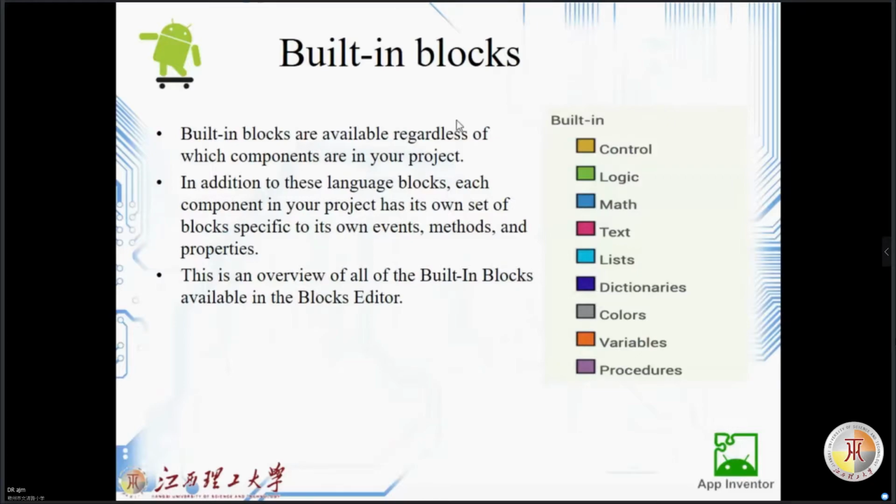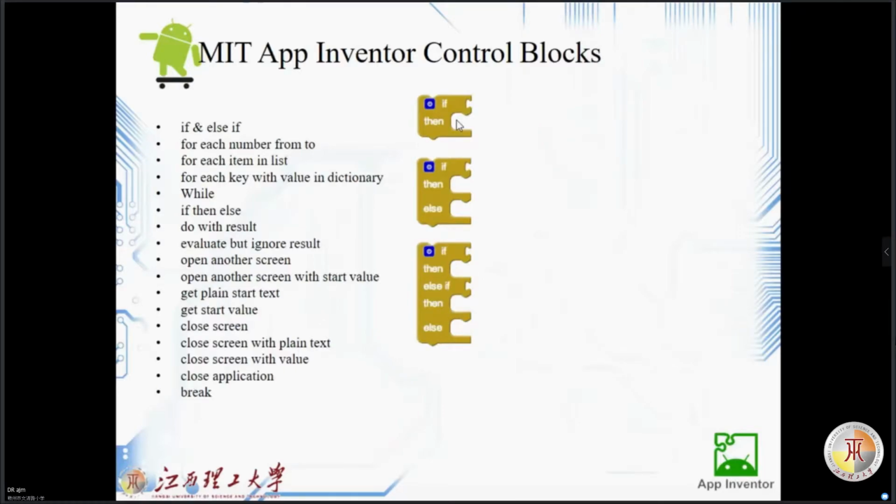This is a very fast overview; I will try not to put much more text here. For the control blocks, we have if, for, while, do, close a screen with plain text, close a screen with value, close application, break, and more, which are very useful to control the environment.